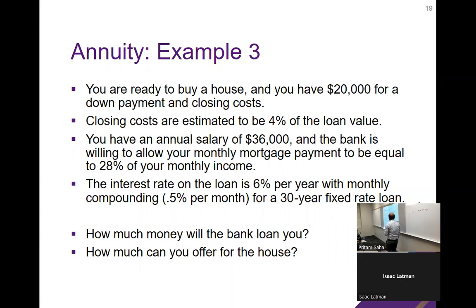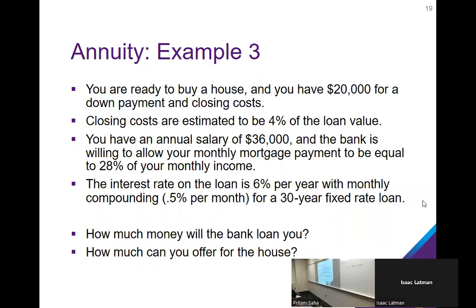The bank is willing to give you a monthly mortgage payment equal to 28% of the monthly income. And we also have interest rate information, and you want to go for a 30-year fixed rate loan. Now, how much money will the bank give you as a loan and how much will you have together to buy the house? Make sense?